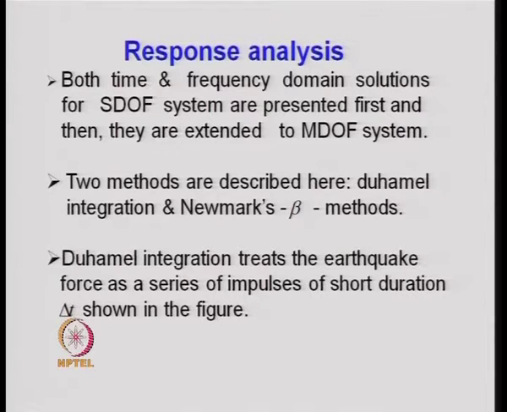I think in your dynamics course, all of you have already done these 2 time history methods, which are very popular in earthquake engineering. Therefore, you are acquainted with the different important things associated with these 2 integration strategies.